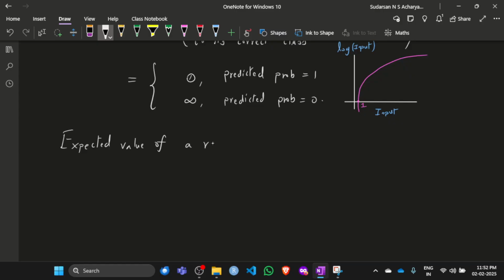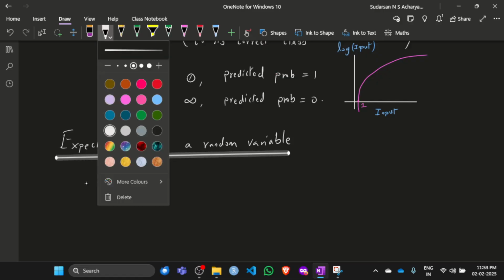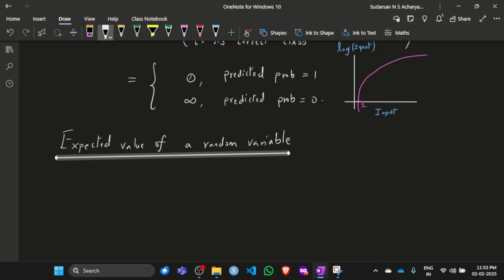Now, there was a question on your APS exam that if you roll a die, what is the expected value that will show up? So the idea there is very simple. What you do in practice is you would roll the die a million times, for example. Each time you roll, you get a value. Just sum them up, divide by a million. That is the simulation way of looking at what the expected value of a random variable is.